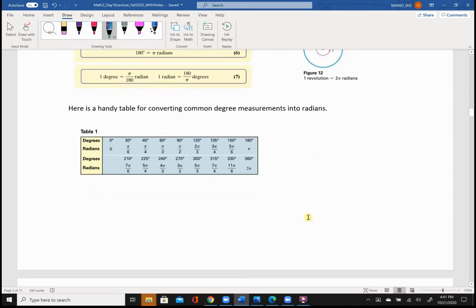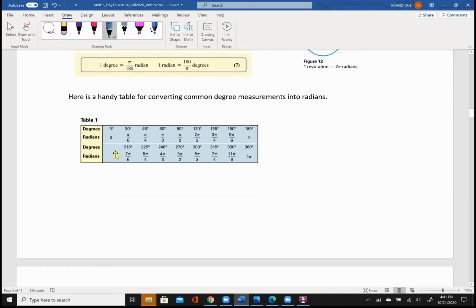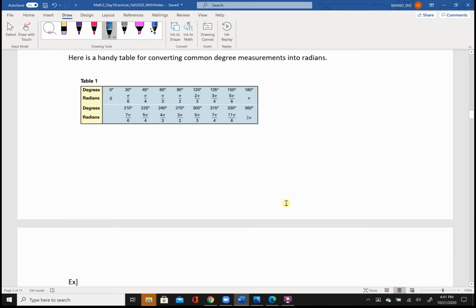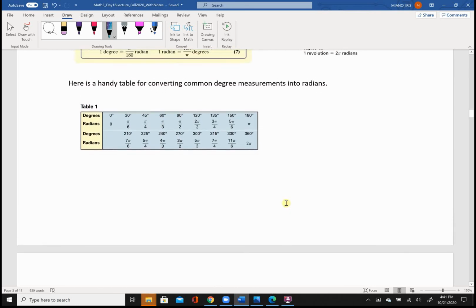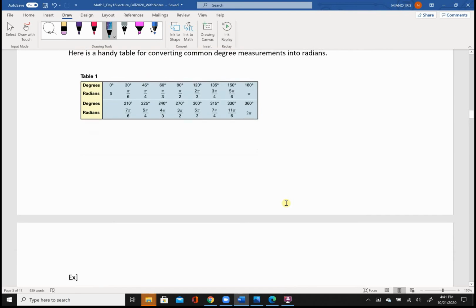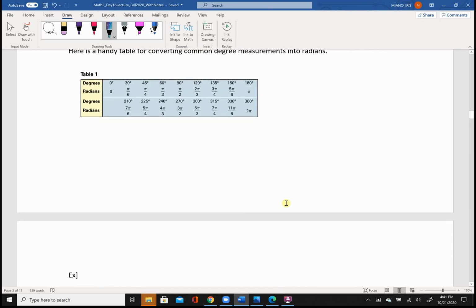And here is a nice table showing all of the different common angles and their radian counterparts, just for easy reference. This is something that we could come back to later. You can flip back and forth to it if you find that it's conducive to some of the examples we're going to go over in the rest of this section, and also your homework.